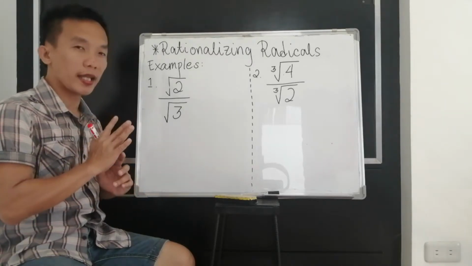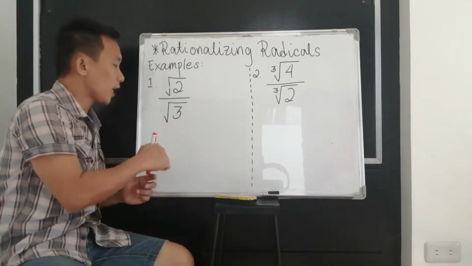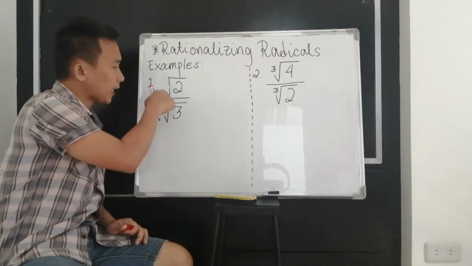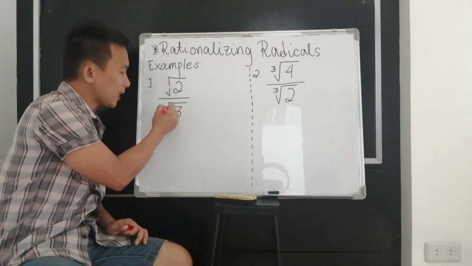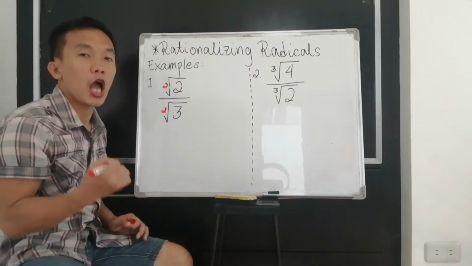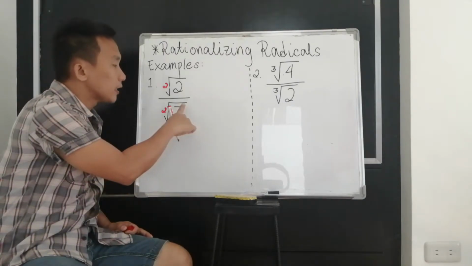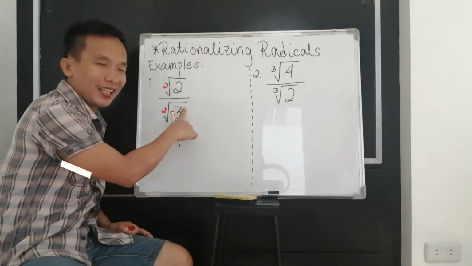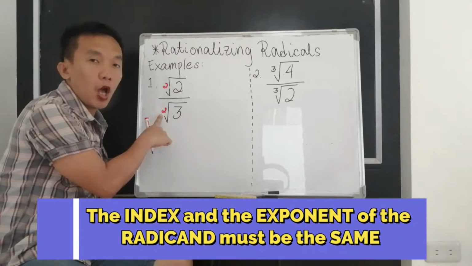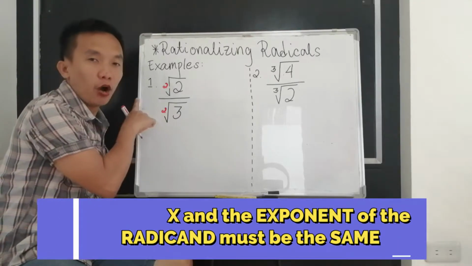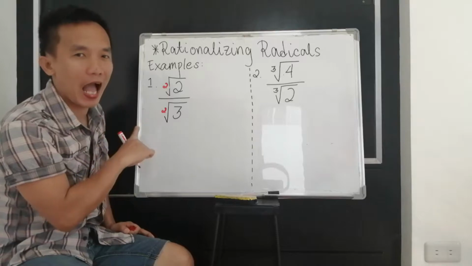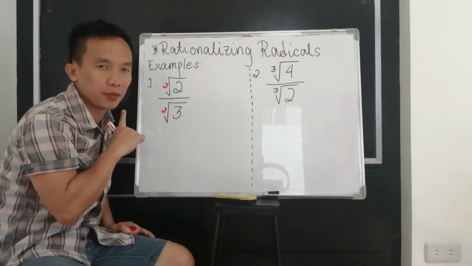The first one is, take note that your radical has an index of 2. The objective here is that the exponent in your radical must be the same as your index for you to cancel out the radical symbol.